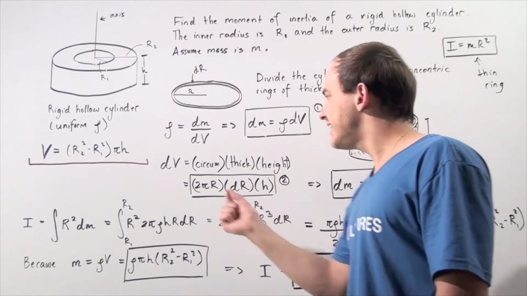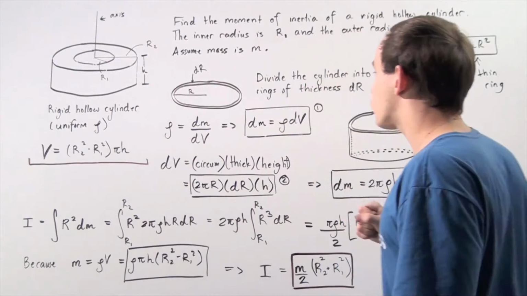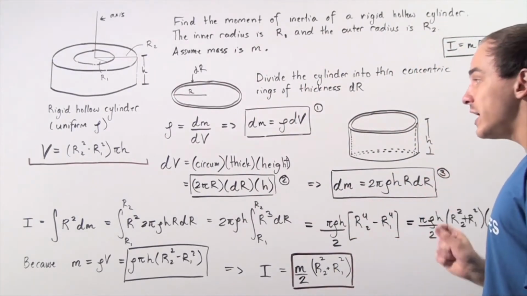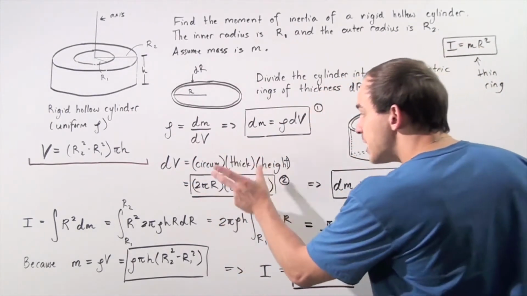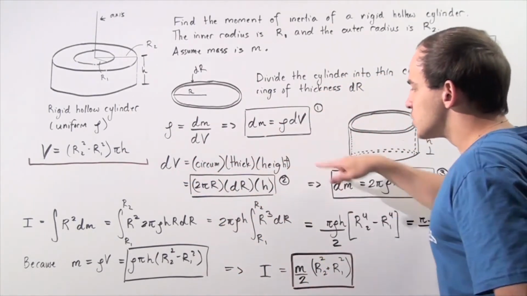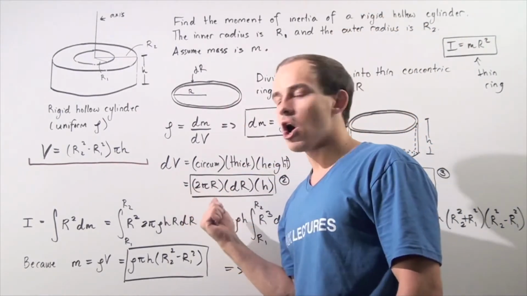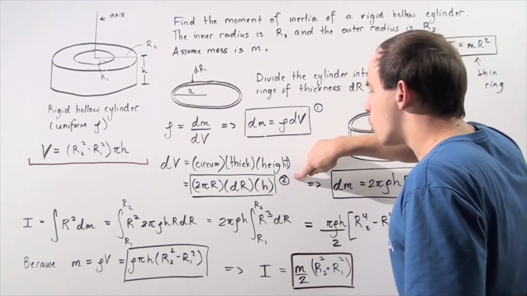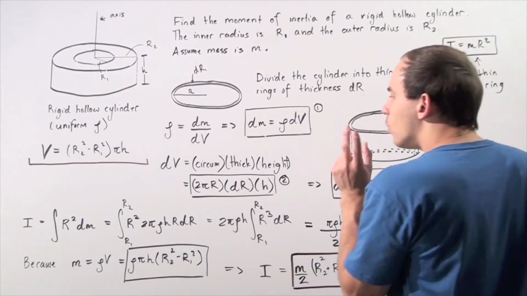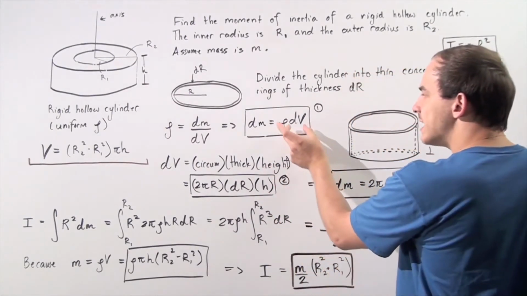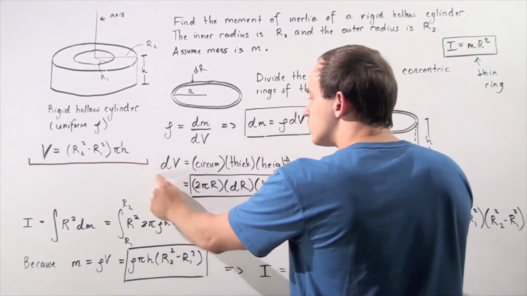Now, what exactly is the infinitely small change in volume? Well, the volume of such a thin concentric ring is given by circumference multiplied by thickness multiplied by height. So height is h, thickness is dr, and the circumference is 2 pi r. Let's call this equation 2 and plug equation 2 into equation 1. Why? Because we're essentially replacing the dv term with this entire term, because this term is equal to dv.